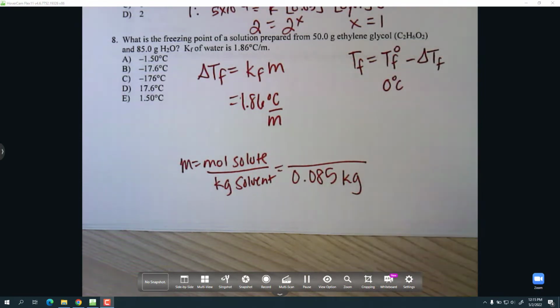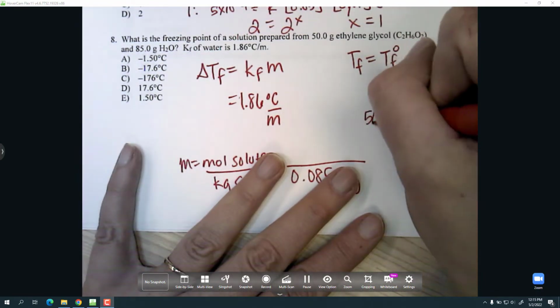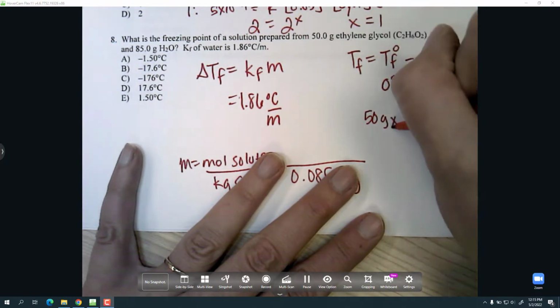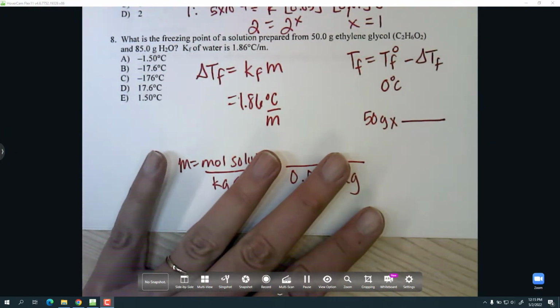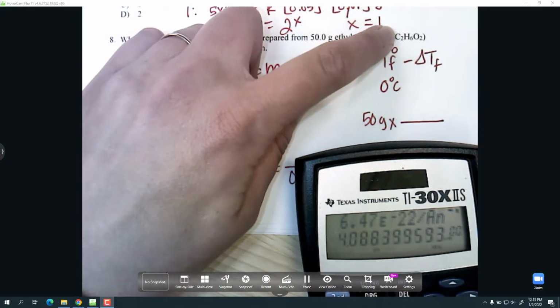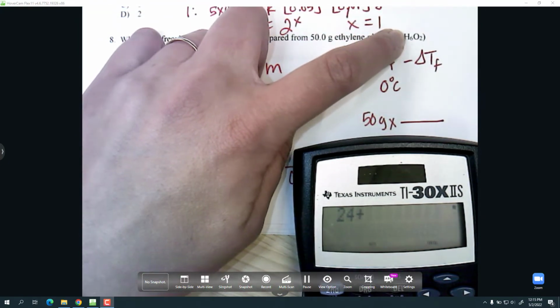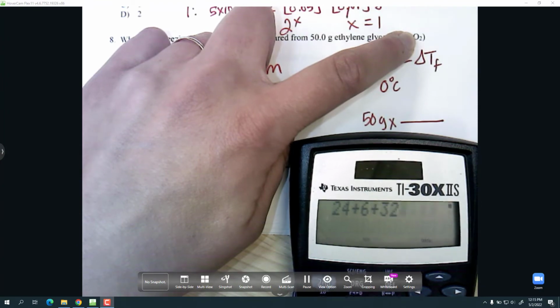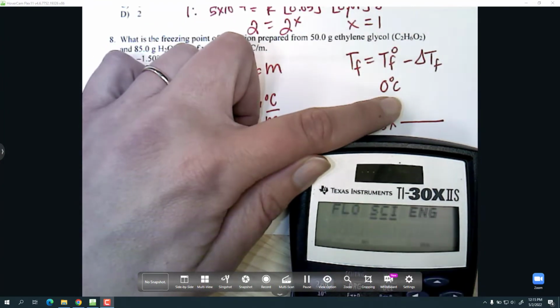All right, so that's how much water I have, and now I need to convert my 50 grams of ethylene glycol to moles. I'll use the molar mass. All right, 2 carbons, that's 24. 6 hydrogens and 2 oxygens, so 62. Oops.